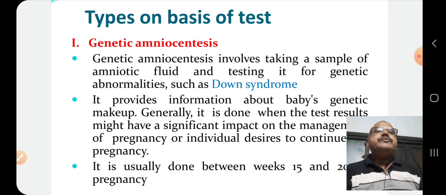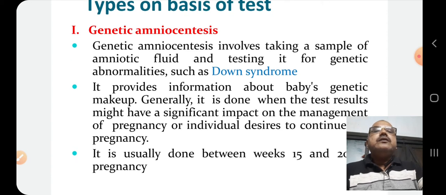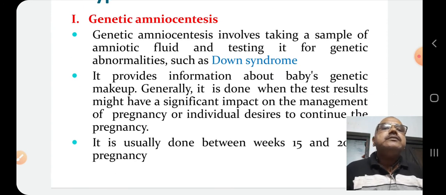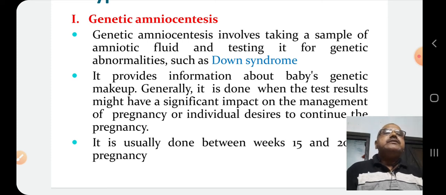Then what are the types of amniocentesis? On the basis of the type of test, amniocentesis is of two types. One is genetic amniocentesis. Genetic amniocentesis involves taking a sample of amniotic fluid and testing it for genetic abnormalities. For example, for Down syndrome, amniocentesis can be carried out.